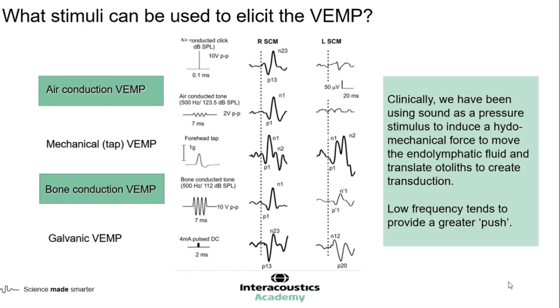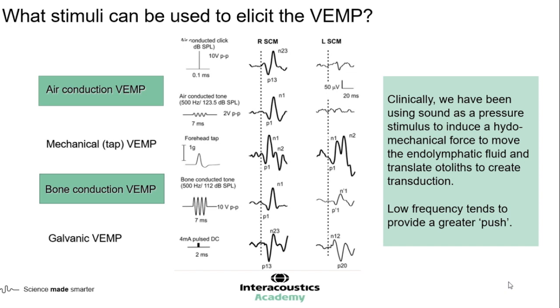Again, clinically we've been using sound as a pressure stimulus, and what we need to remember is that unlike an auditory stimulation, we're using the sound to produce this hydromechanical force. If we look back to what Tullio described earlier, it's to move the fluid, the endolymphatic fluid, and translate the otoliths.